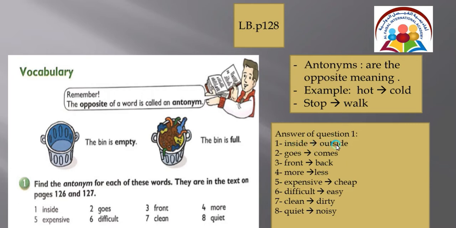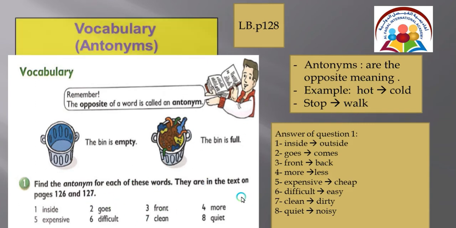Inside, the opposite is outside. Goes, comes. Front, back. More, less. Expensive, cheap. Difficult, easy. Clean, dirty. Quiet, noisy. So these are the opposite words of the words that we have in question number 1.